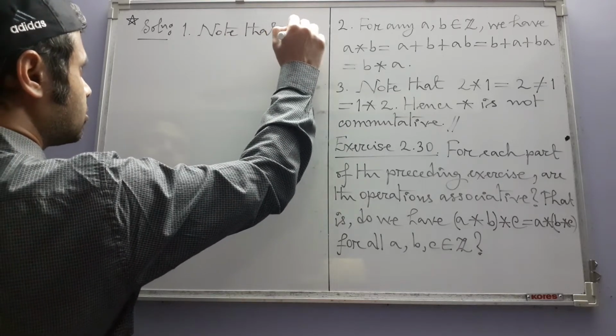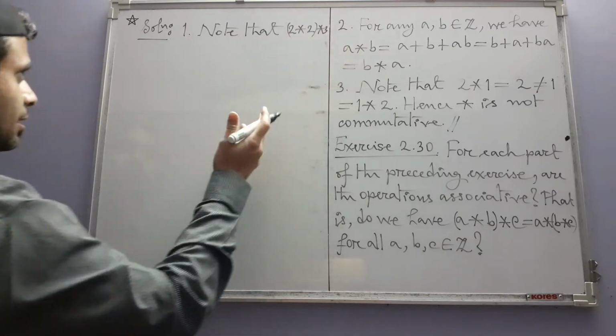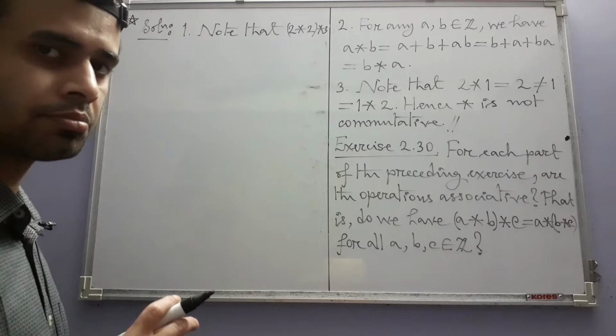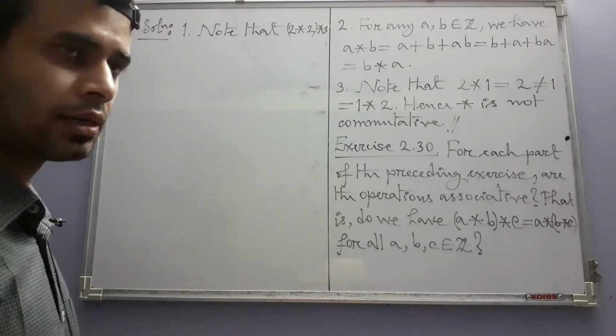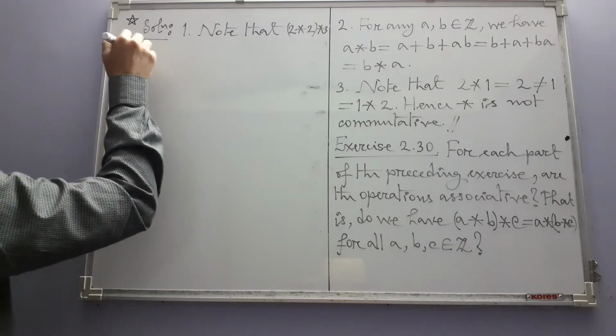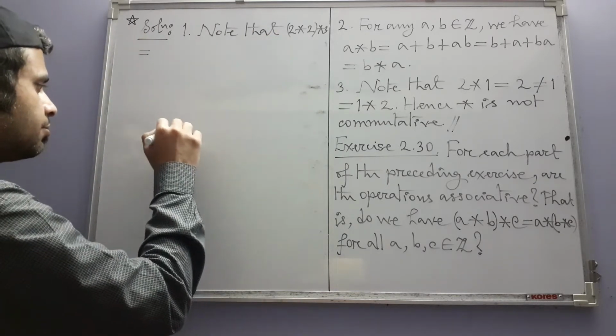Note that, you can understand because we have taken one particular example. We are guessing that it is not associative. Let us see what happens. So first if we calculate, the first operation is what?